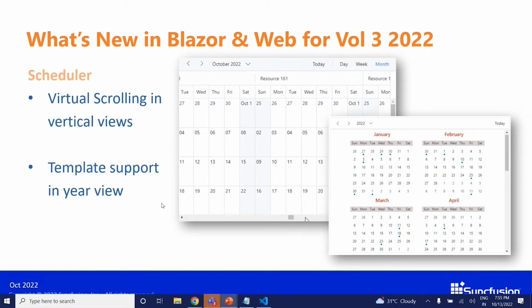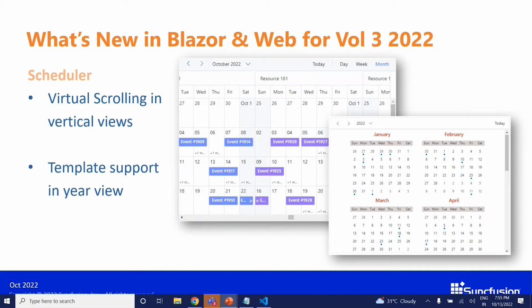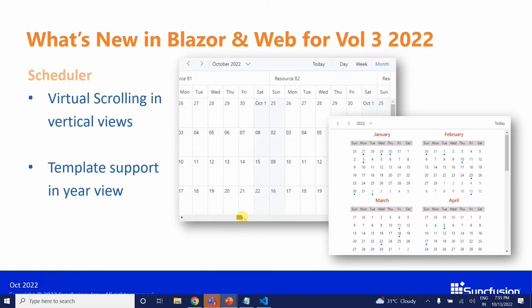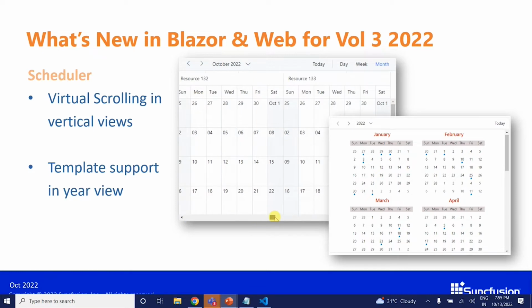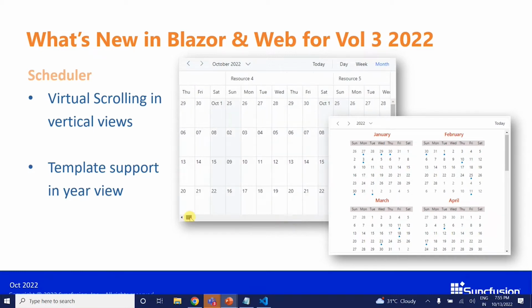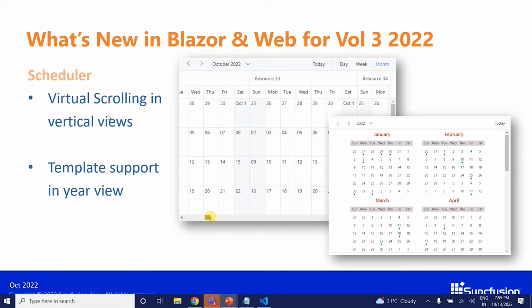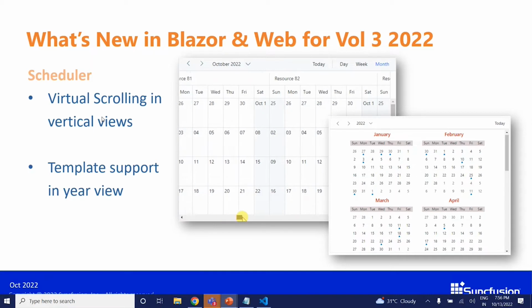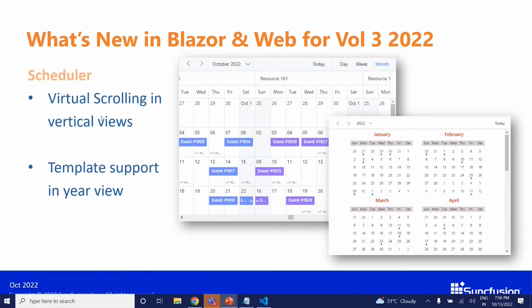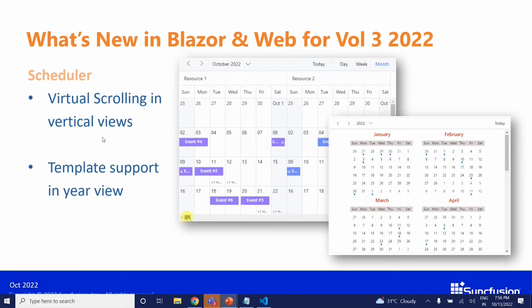Okay, so now we'll see what are the updates that are common for both Blazor and the Essential JS2 components. So to the scheduler component, we have added the virtual scrolling support in vertical views. Previously, the virtual scrolling support has been added only for the timeline views, but now the support has been added for the vertical views as well.